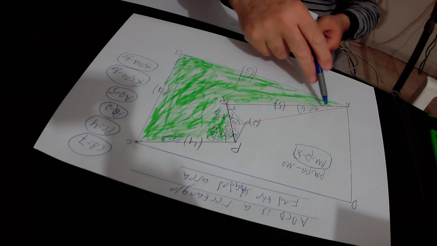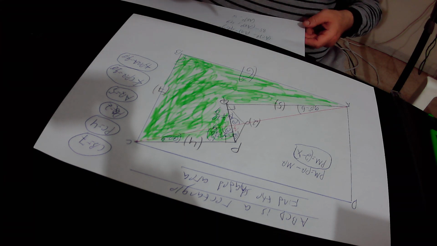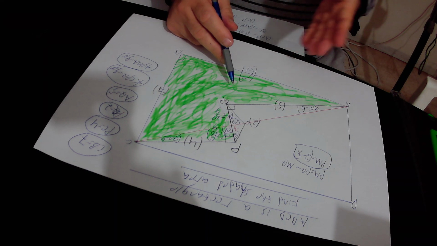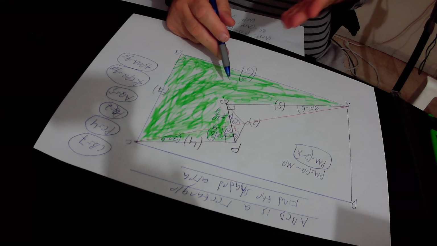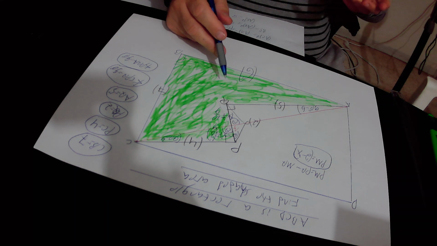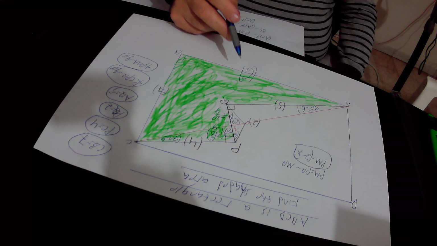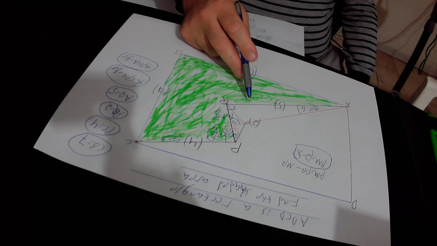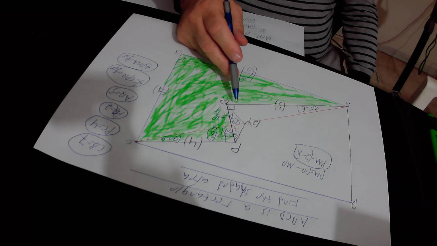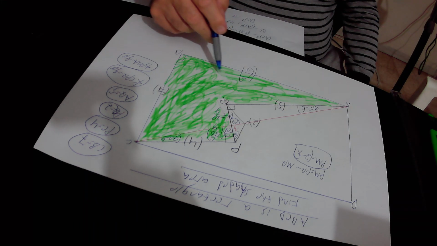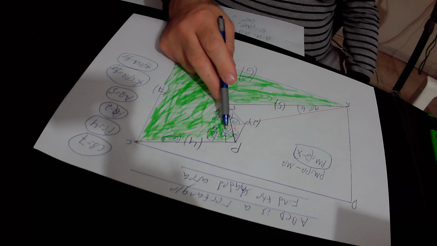This is the area of triangle ABC minus the area of triangle AQM. What is the area of this white triangle, triangle AQM? We have to subtract the area of the white triangle AQM because we want to know the area of the green shape. So the area of triangle ABC minus the area of the right triangle AQM will give us the area of the green shape without this area.